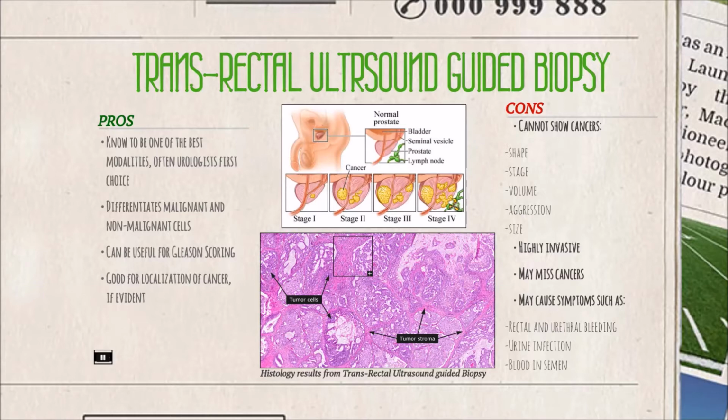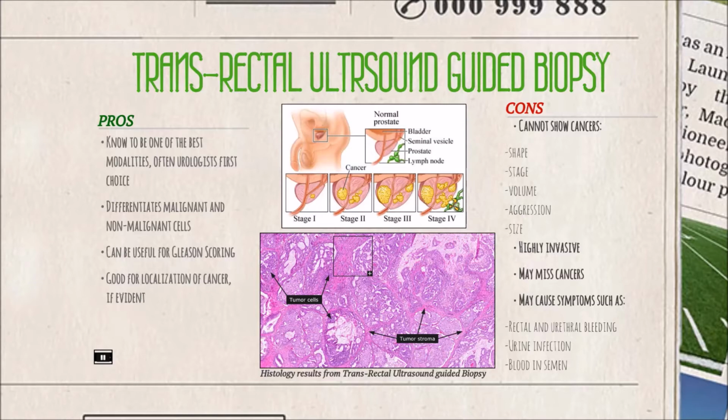Therefore, they can also differentiate whether they are benign or cancerous lesions. However, there are substantial flaws in terms of determining the size, shape, stage, volume, and even the aggression of the cancer. The modality is often found highly invasive. This is due to the fact that the more specimens taken, the more pain received by the patient.